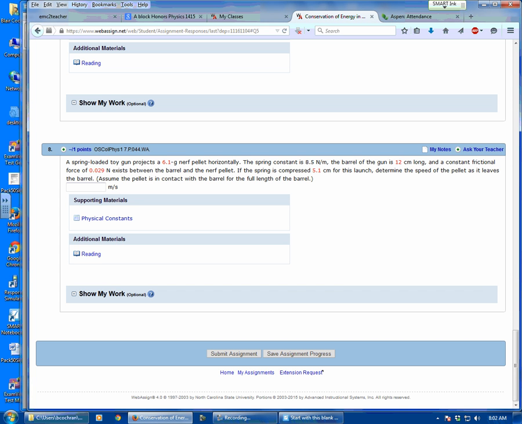And then it tells us about friction, which right away, well, they tell us about a spring. So I started thinking, oh, elastic potential energy. Then they tell me about a frictional force, and oh, friction is one of those non-conservative forces. In other words, it doesn't keep the energy about motion.